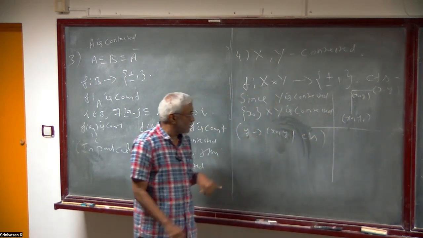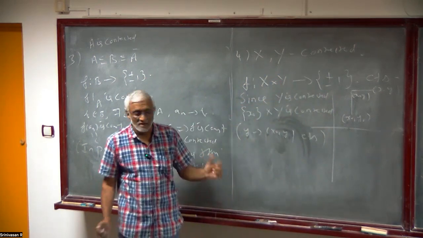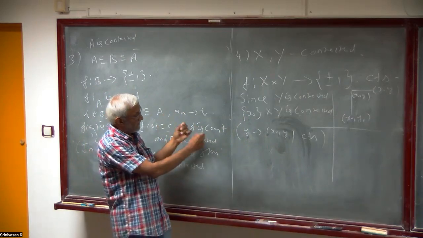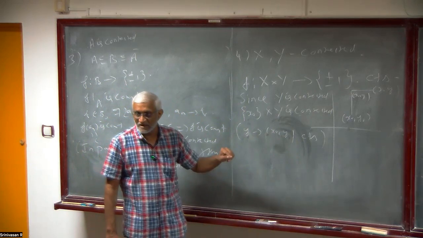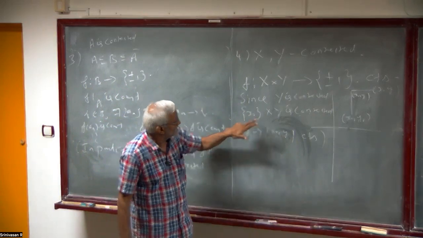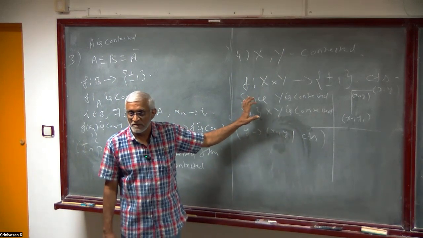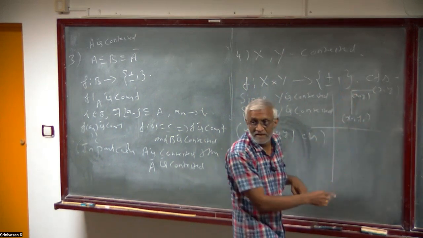If y_n converges to y, then (x0, y_n) will converge to (x0, y). So this map is continuous. So we are using several facts. This map is continuous. A continuous image of a connected set is connected. So this singleton x0 cross Y is a copy of Y, of course, so it is connected. So this line, whatever we have written as a line, is connected.